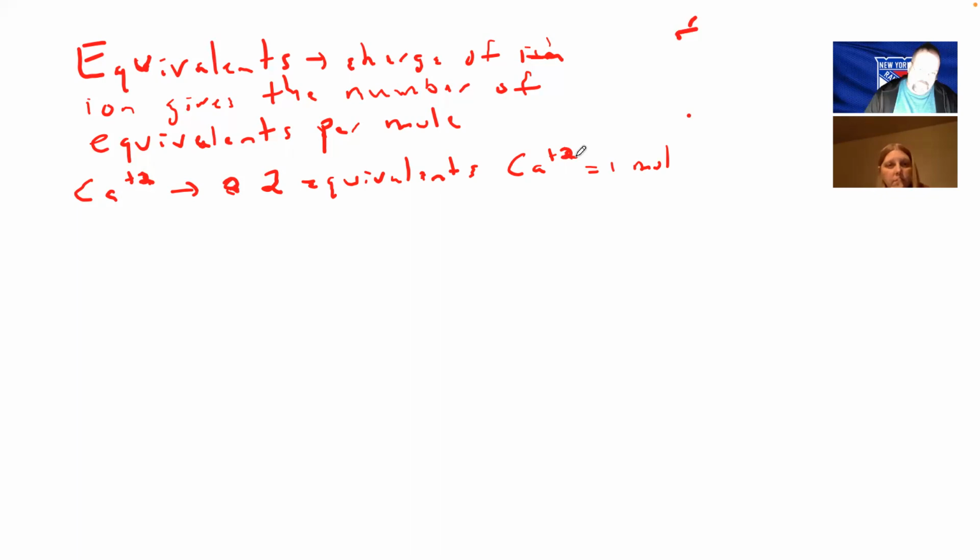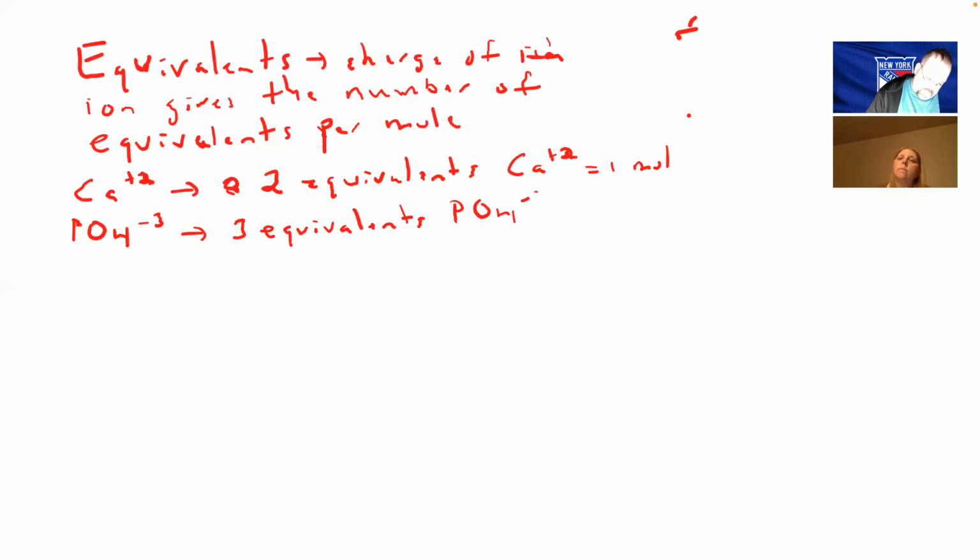Even if you have a negative charge, like a phosphate ion, you have 3 equivalents of PO4 -3 per mole. So essentially, the charge indicates the number of equivalents that you have per mole of that ion.